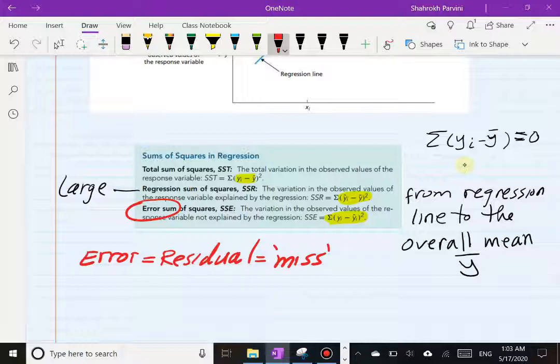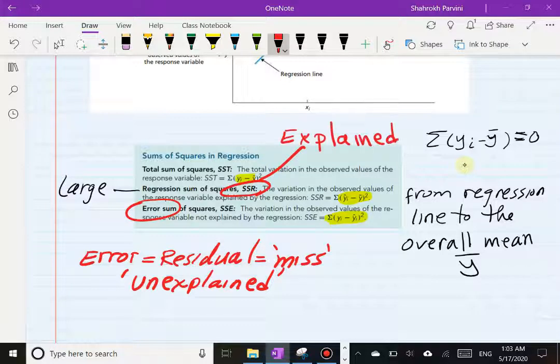That's the miss between the actual and the regression line. That's by how much the regression line missed that observation. And it's what we call the unexplained portion. The regression part, this one, is explained.